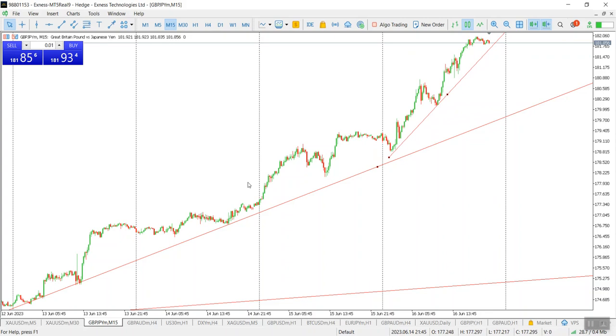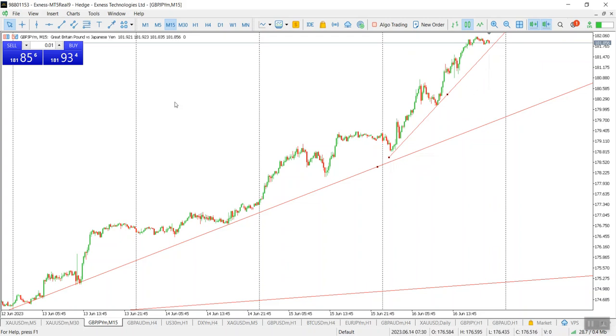So what we just need to do is, at any particular time, take our position. If we look at this 15 minutes time frame, whenever the market comes to the trend line, you take a buy trade.